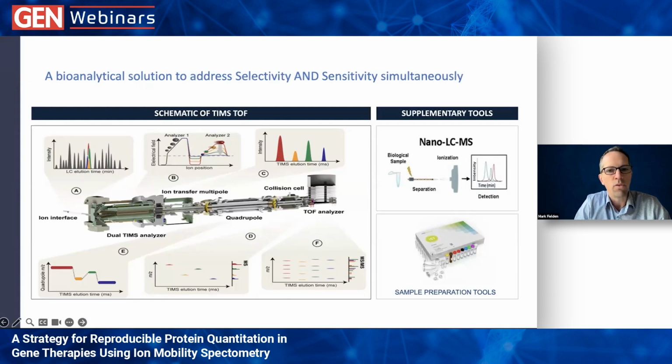And really the key driver to go down this path and use IMS is the specificity and just being able to differentiate the human isoform from either the mutated isoform in your mouse or your human or the endogenous monkey isoform. So those are the two key advantages.